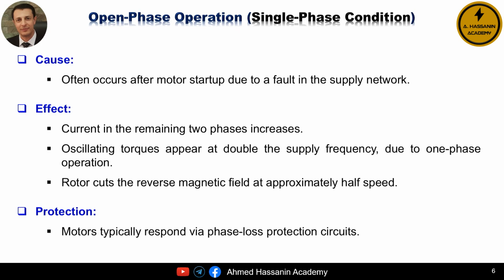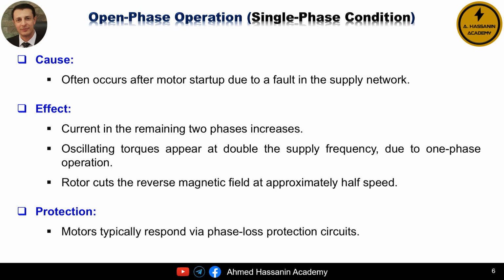But there's more. Because only one phase is operating, the torque inside the motor doesn't stay steady. Instead, it oscillates at twice the supply frequency. You can picture the rotor kind of chopping through the magnetic field in a weird way, roughly at half speed, which adds extra mechanical stress. Luckily, most motors come equipped with phase loss protection circuits.